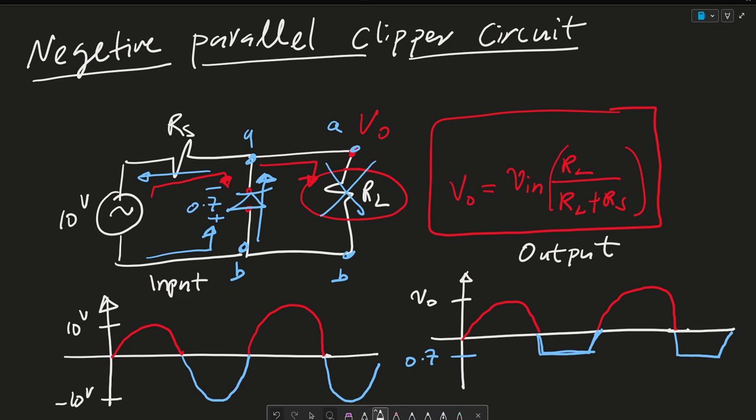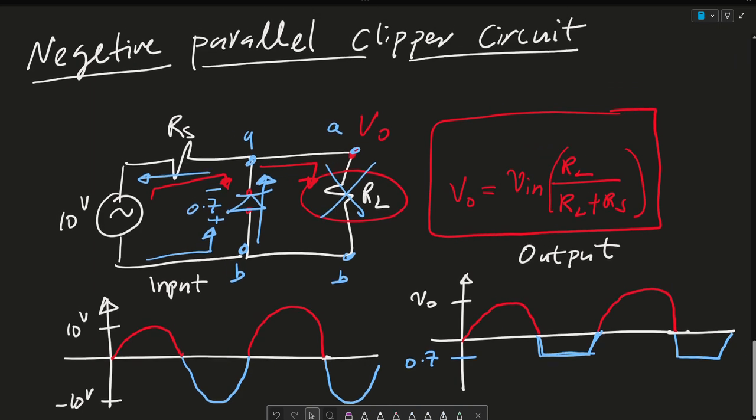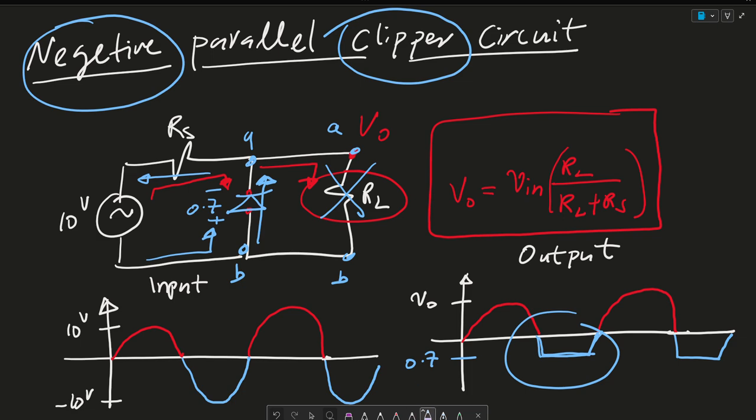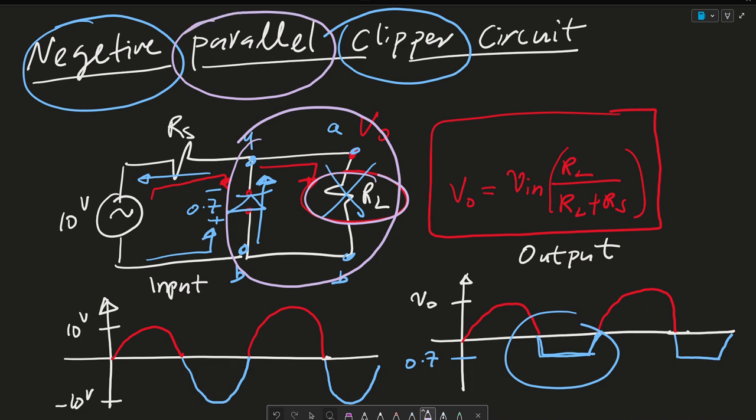So essentially, this is your negative parallel clipper circuit. In the negative part of the waveform, it gets clipped, and we are in a parallel configuration between the diode and the RL. So it's called a negative parallel clipper circuit.